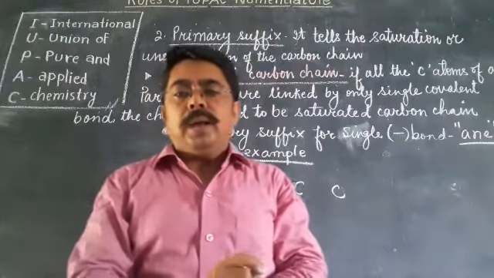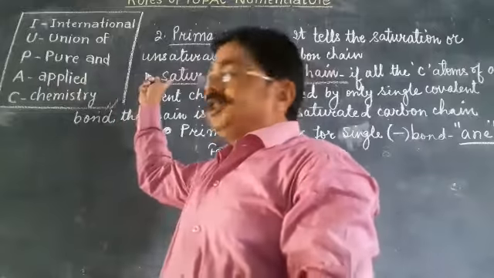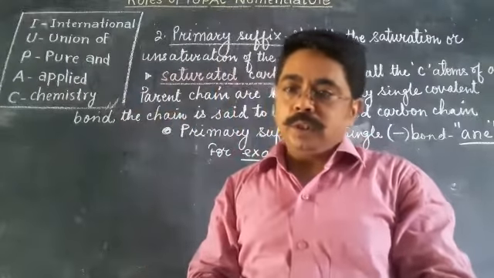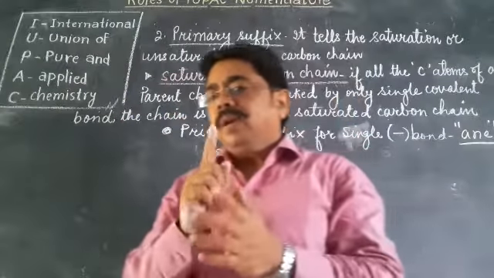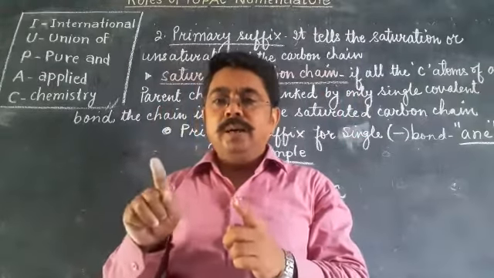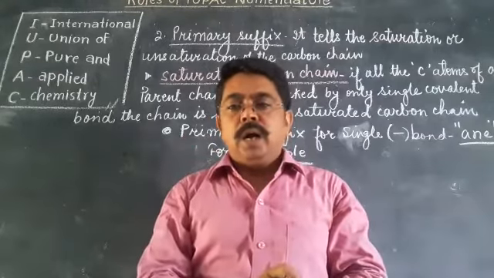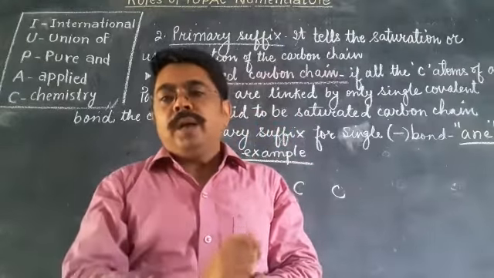Now what do you mean by saturation or a saturated carbon chain? What is a saturated carbon chain? If in a carbon chain all the carbon atoms are linked by single bond only, then such type of chain is called a saturated carbon chain.